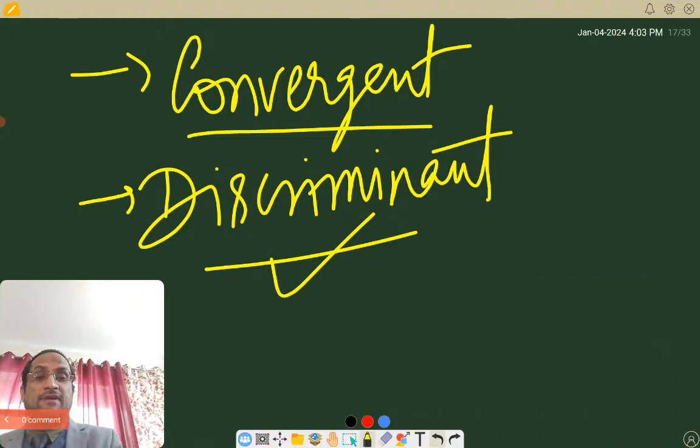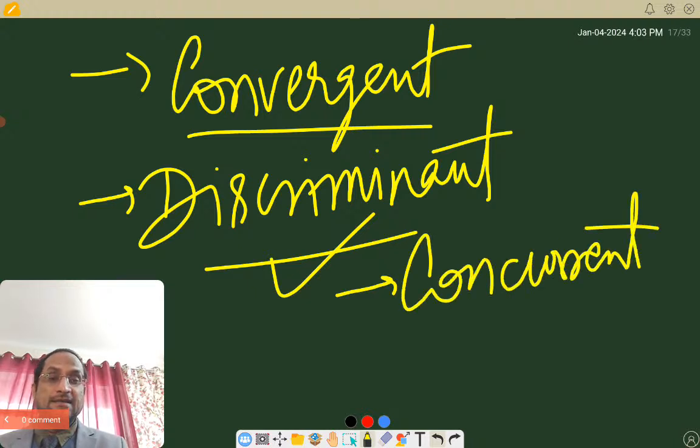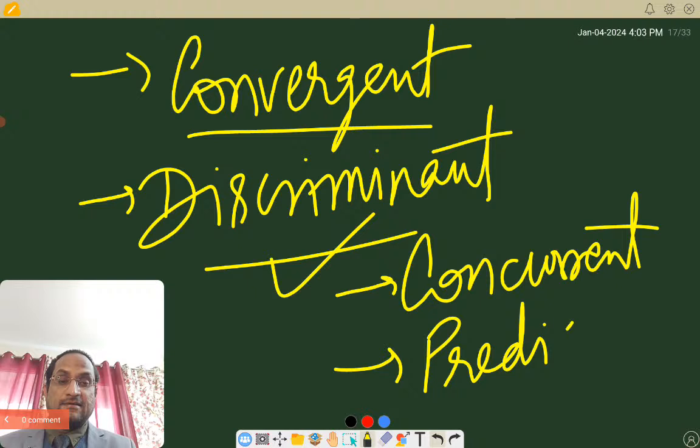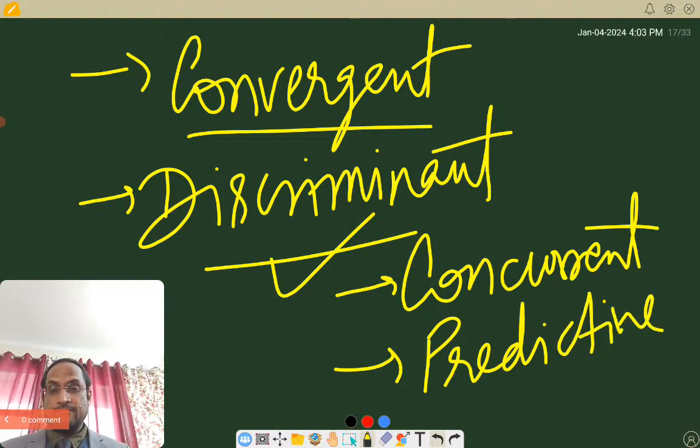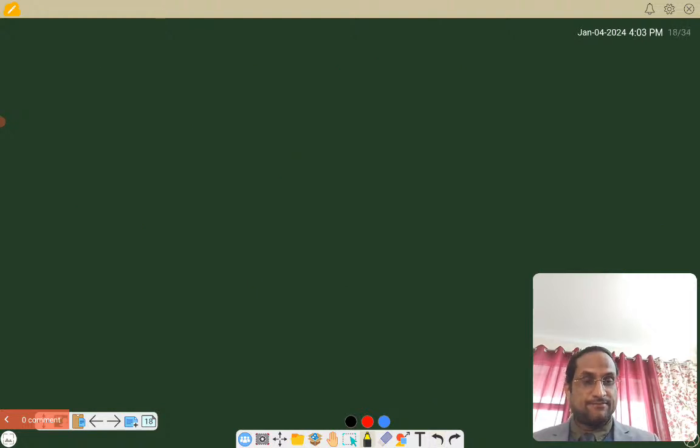It should be concurrent with other existing tests which are evaluating the construct for which we are developing the test. It should also be able to predict the outcome of a novel construct, of a construct which is new in nature.